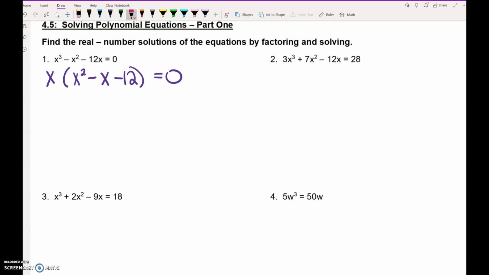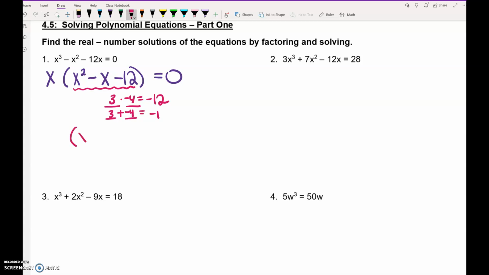Okay, we need to factor this trinomial. So we're looking for 2 numbers that multiply to give us negative 12 and add up to negative 1. Anyone have it? 3 and negative 4.